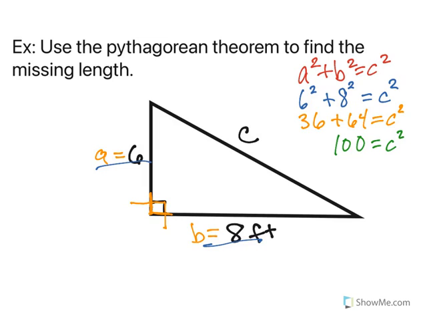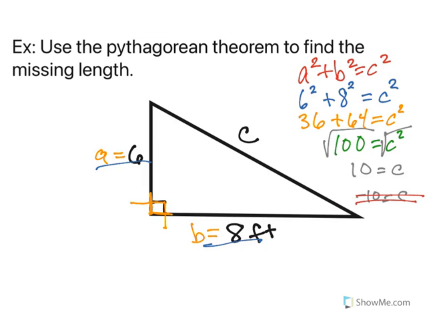100 equals C squared. Now, to get C by itself, I need to unsquare it. The opposite of squaring something is to take the square root. So I take the square root. Now, technically, the square root of 100 is either 10 or negative 10. But we are talking about the length of the side of a triangle, and it is impossible to have a side of a figure that is a negative length.